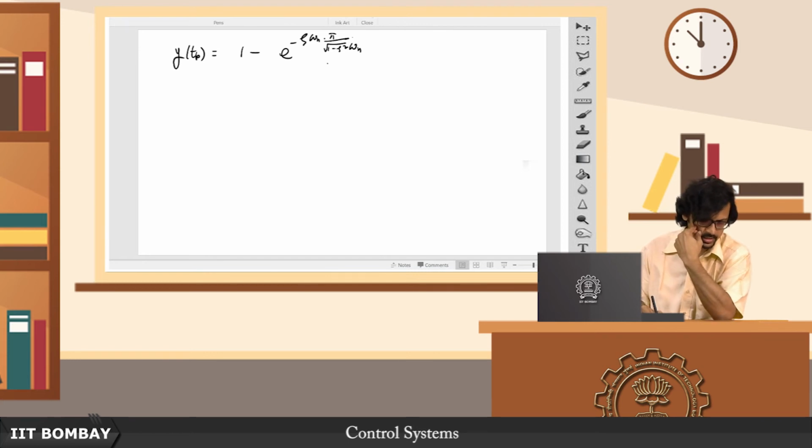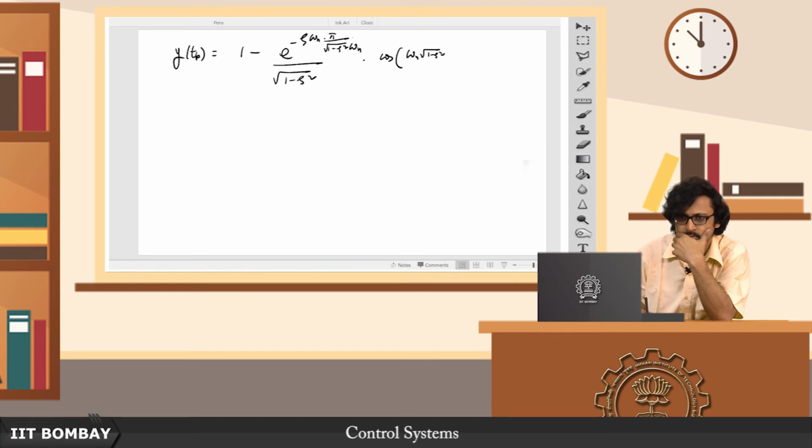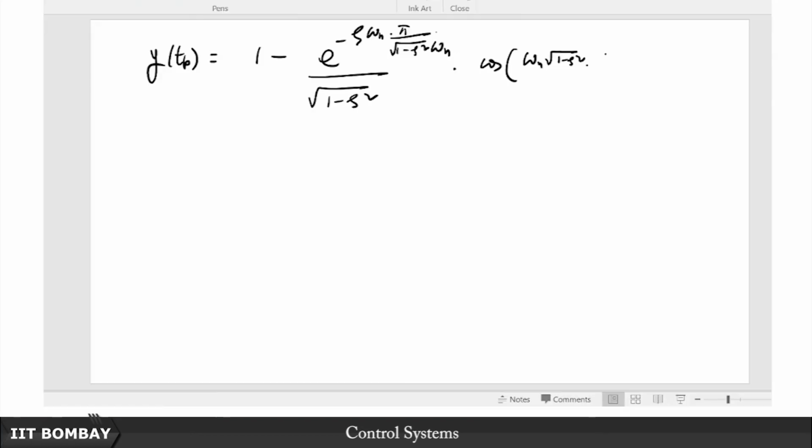We have already seen that, times, so of course you have 1 minus zeta squared here, times cos of omega n root 1 minus zeta squared, that is what omega d is after all, and then we plug in the value of this. So that is what I was talking about, this omega n and omega n cancel, this 1 minus zeta squared and 1 minus zeta squared cancel. So this is cos pi minus phi, alright.